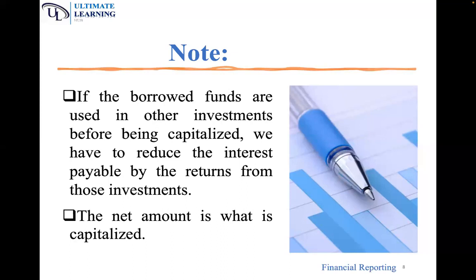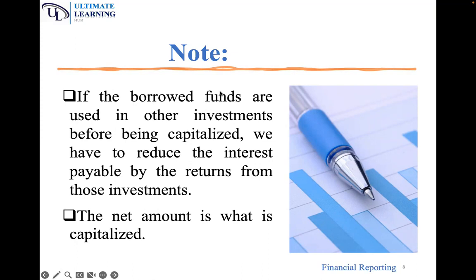We have said borrowing costs should be capitalized for qualifying assets, and borrowing costs should be expensed for non-qualifying assets. So for qualifying assets, borrowing costs should be capitalized. For non-qualifying assets, borrowing costs should be expensed.